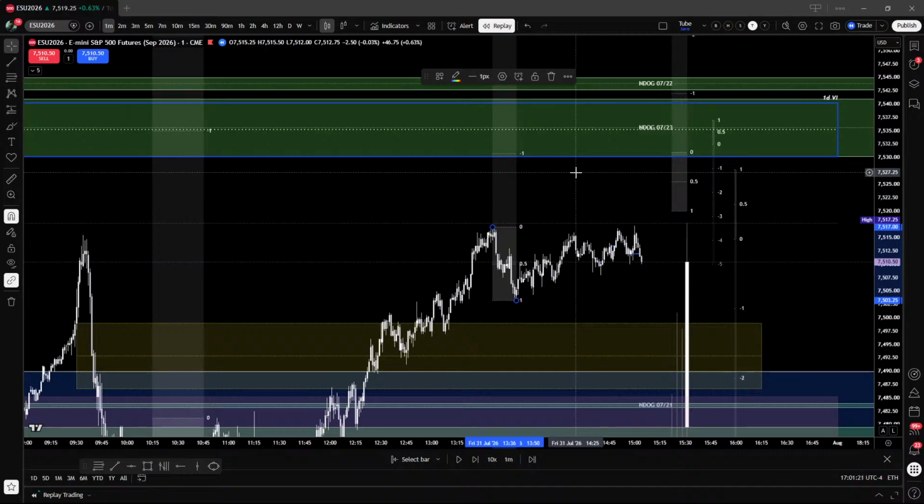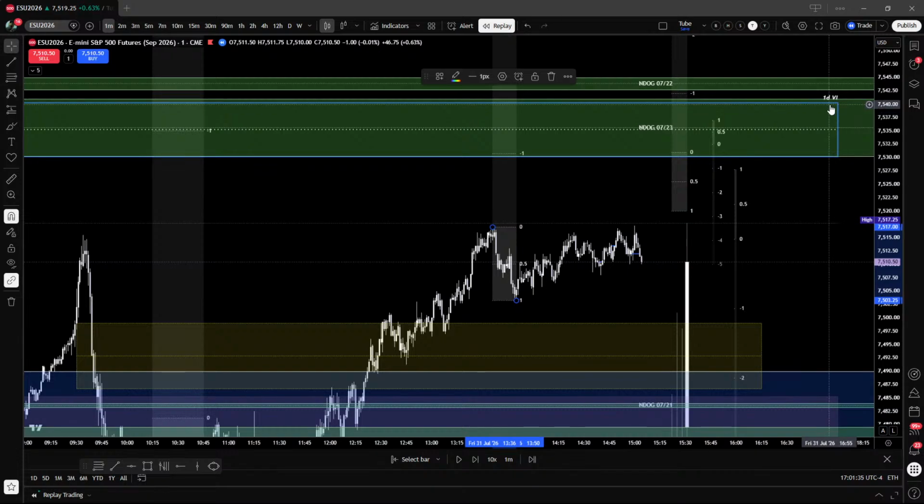If I would have been in a long, then okay, I would have seen confluence with the -1 here, and then the bottom of the volume imbalance and the bottom of the end dog. So to me, it would have been like, okay, this is my final take profit here, right?